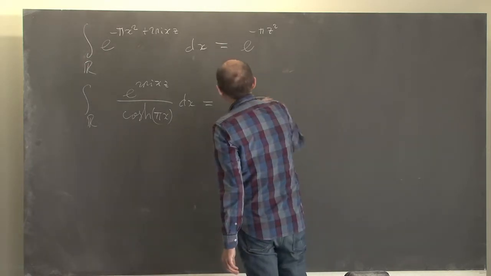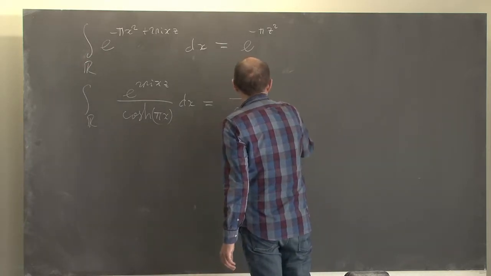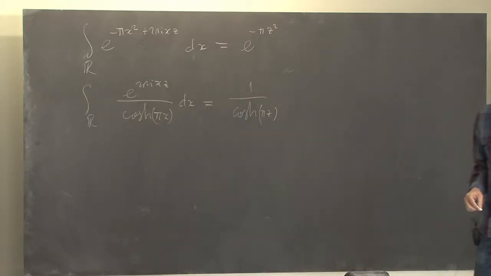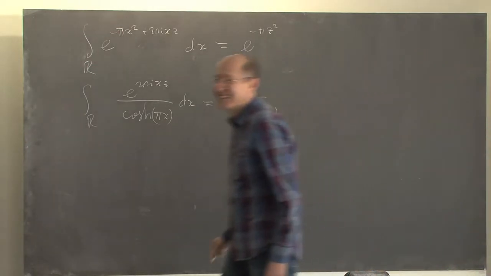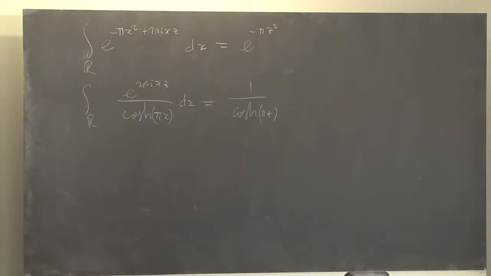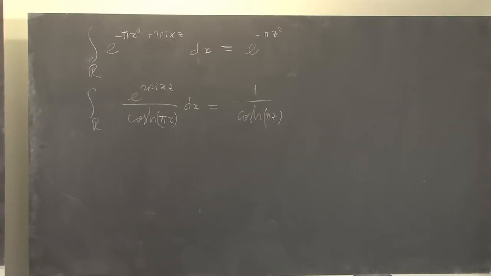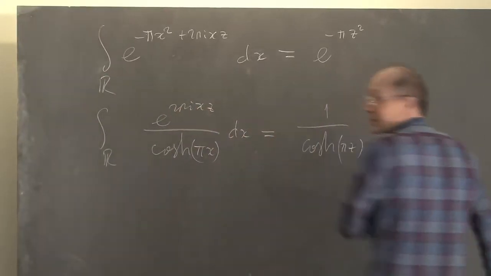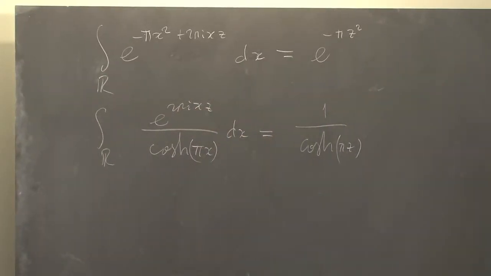To me, it comes this. And it is true. This is another function which is stable under Fourier transform. And actually, these are the only two examples I know of which are really stable under Fourier transform.